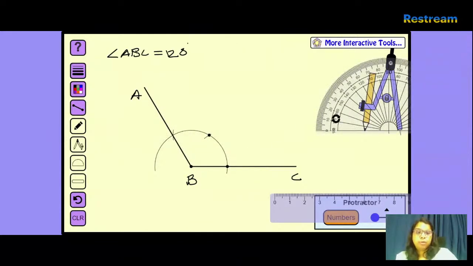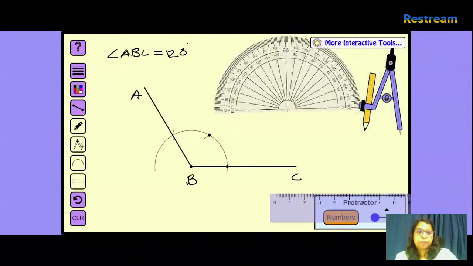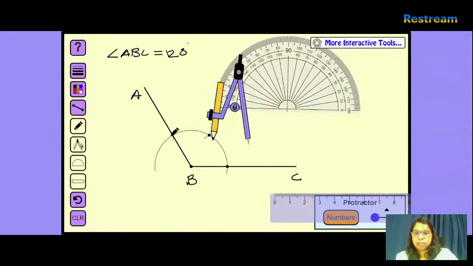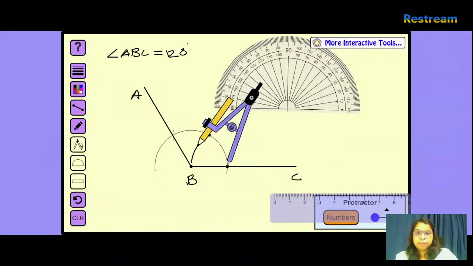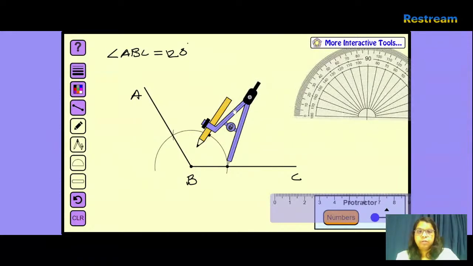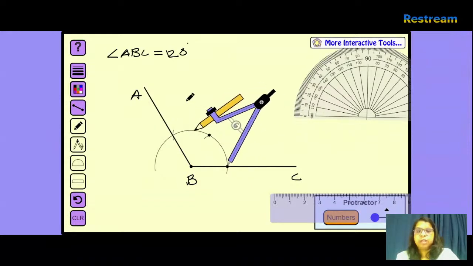Now what we are going to do is bisect this angle. We already have these two arcs here. All we have to do is take this, maybe a slightly bigger size so that we can go above it.